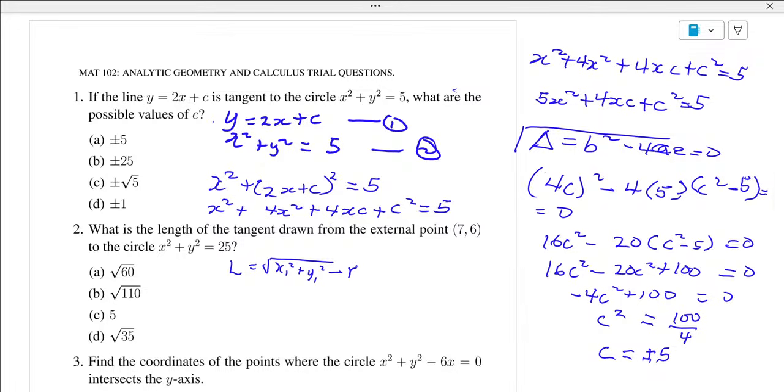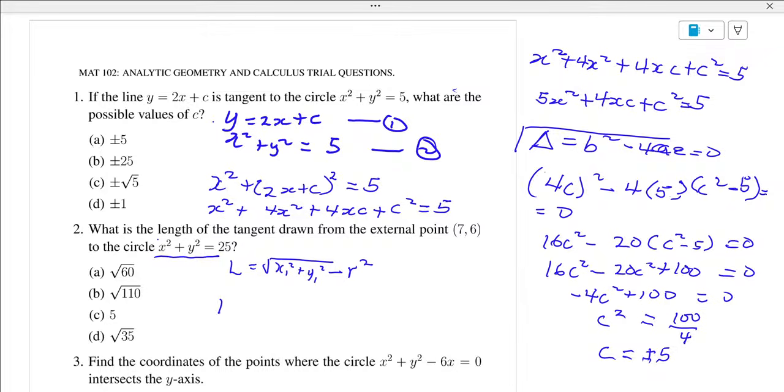Alright, so from our equation, we know x1, we know y1, and we can also determine our r from the equation given to us. If we have a circle equation like this, we have the x squared, y squared, and then the other part is the radius.